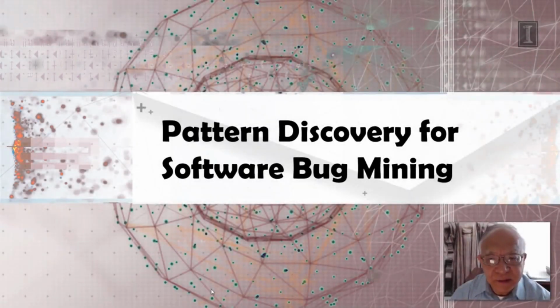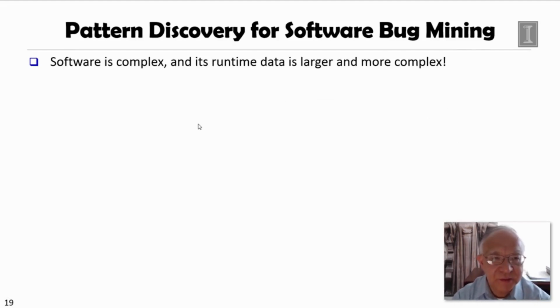Now we examine another interesting line of pattern discovery applications. It is pattern discovery for software bug mining. We use software all the time, but we also know software may contain bugs. But software usually could be quite big, quite long, and its running data could be even larger and more complex.